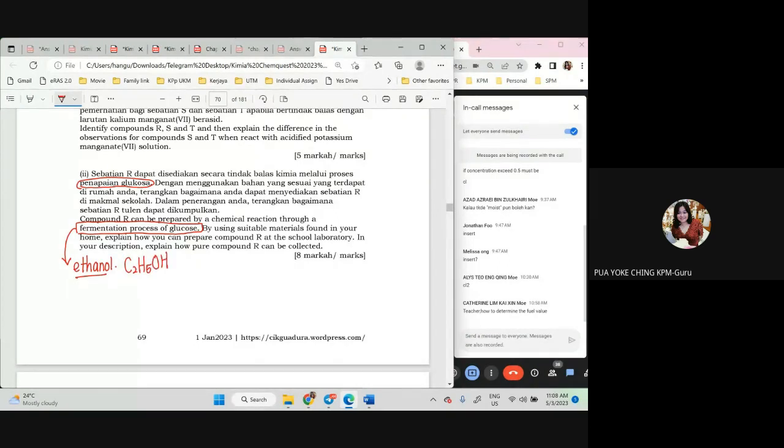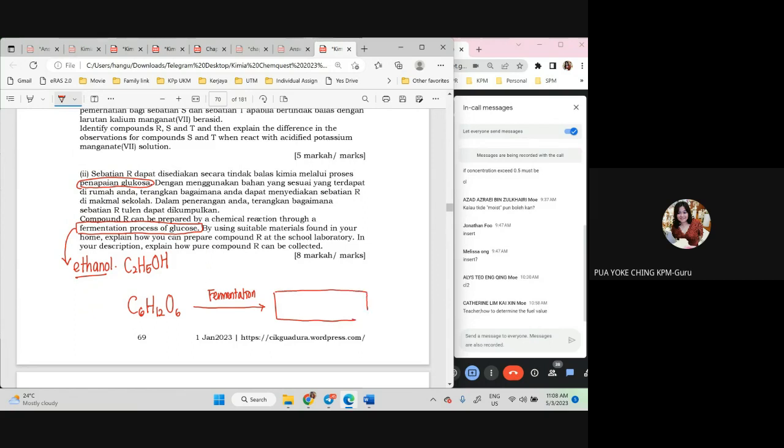C2H5OH. Ini dah pernah keluar dalam 1 year of the SPM di mana dia bagi C6H12O6 and then dia kata dia fermentation. Then dia tanya apa produk alkohol.